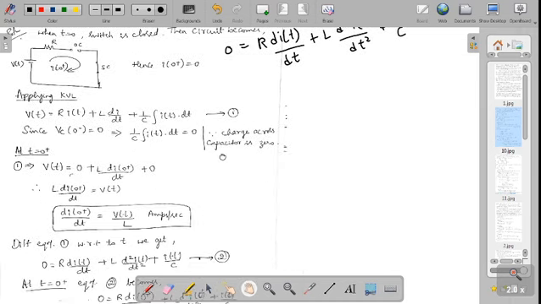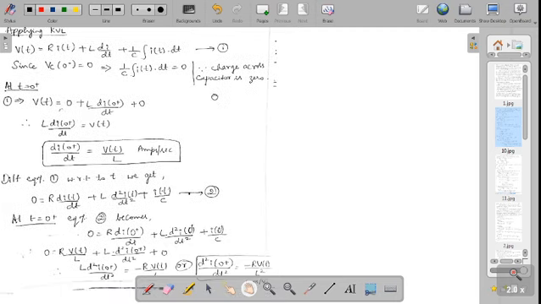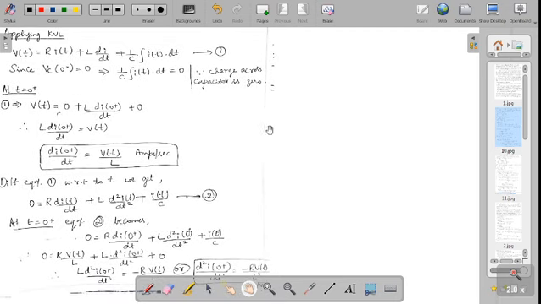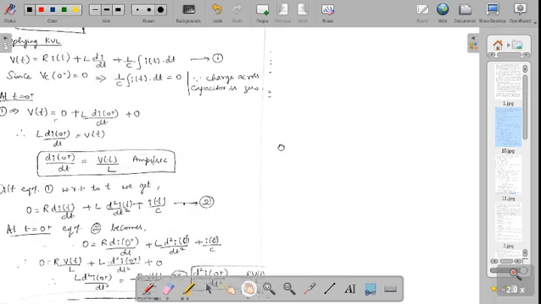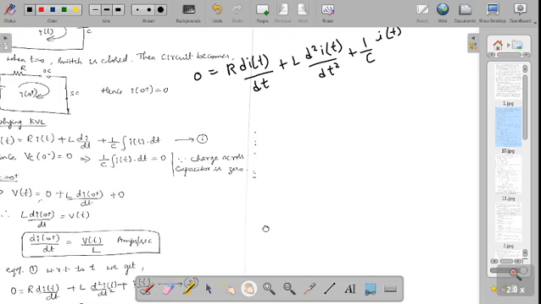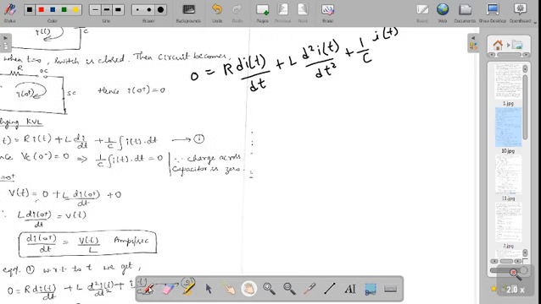So R into the first derivative, which you have found, turns out to be V of t divided by L, plus L into d square I of t divided by dt square, plus 1 by C into I of t.